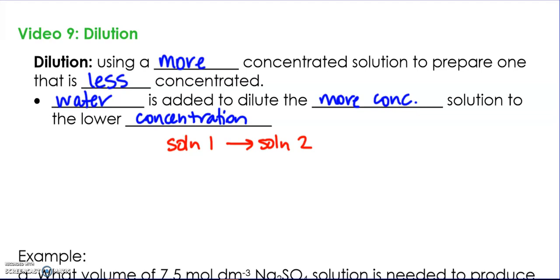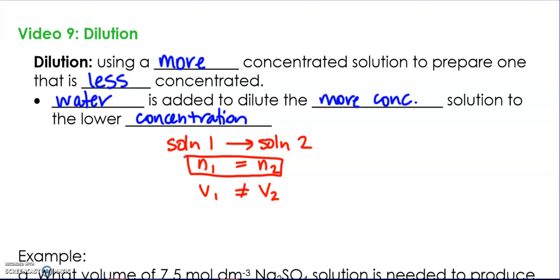So the moles of our solute will be the same for both solutions. But the volumes will not. So volume 1 does not equal volume 2. But we can use this to help us determine how much water to add.